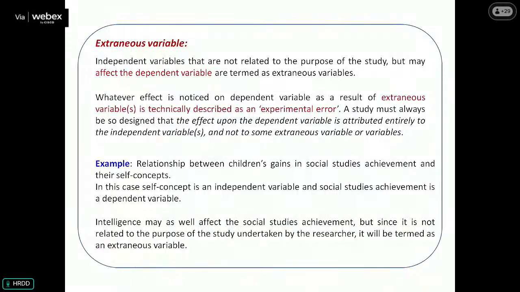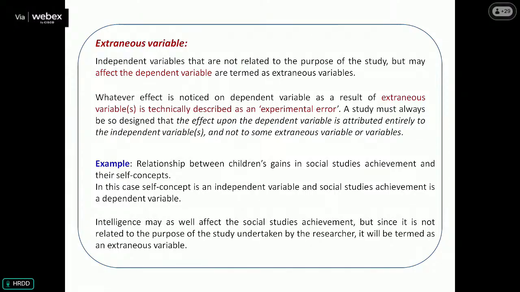A study must always be so designed that the effect upon the dependent variable is attributed entirely to the independent variable, and not to some extraneous variable. So there are three variables we have defined: independent variable, dependent variable, and extraneous variable. You are doing a study where you are establishing a relationship between independent and dependent variable. An extraneous variable should not affect the dependent variable. If it does, we will come to erroneous data.